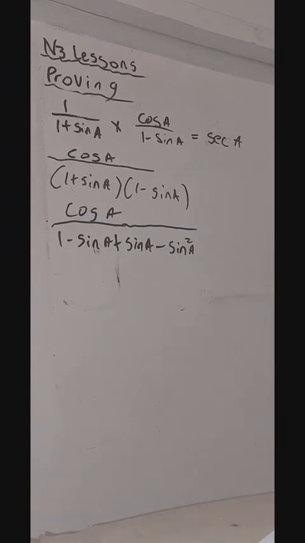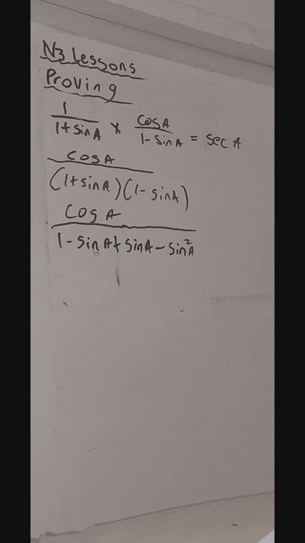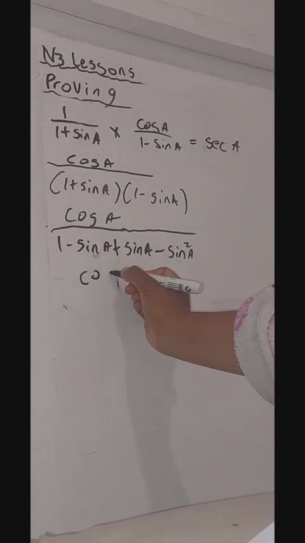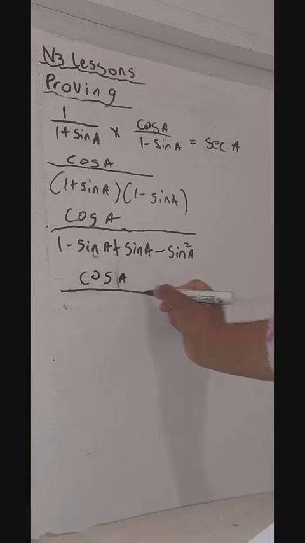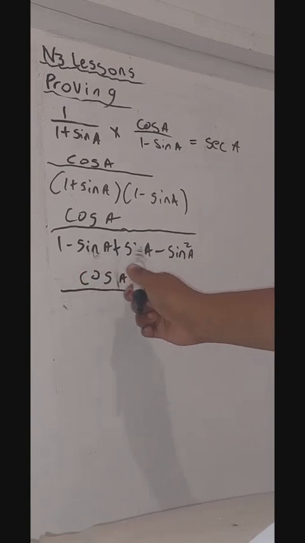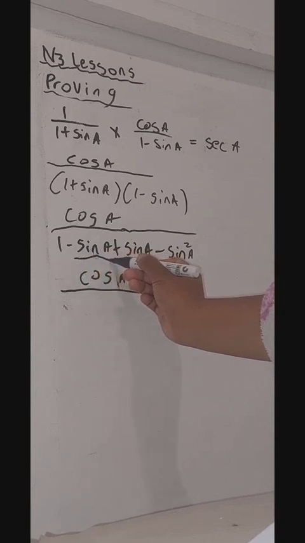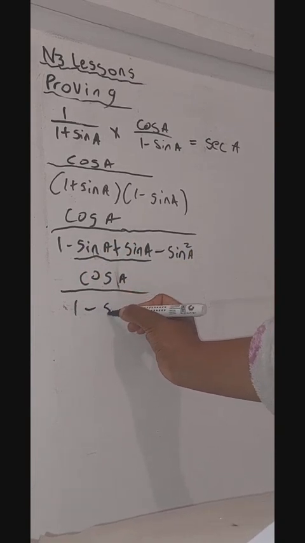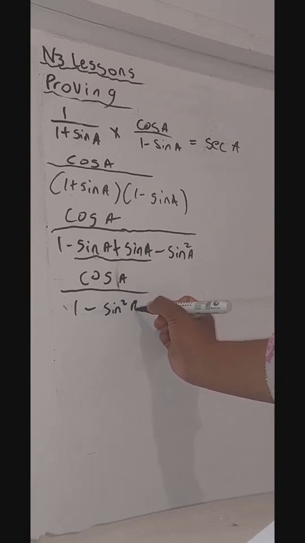So let's continue to solve. Cos A over, this will cancel this. Since this one is negative and this one is positive, it's going to be 1 minus sine squared A.